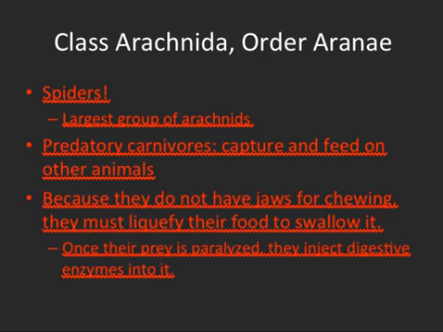So they paralyze their prey using their venom, and they inject digestive enzymes into it, which liquefies it, and then they suck it up. So just a note, all spiders have venom. They use it to paralyze prey. Not all spider bites are harmful to humans. You can get a spider bite. They do inject venom, and if it's not a harmful venom to humans, you won't notice it, or you might just get a bump or something that shows that you had a spider bite.